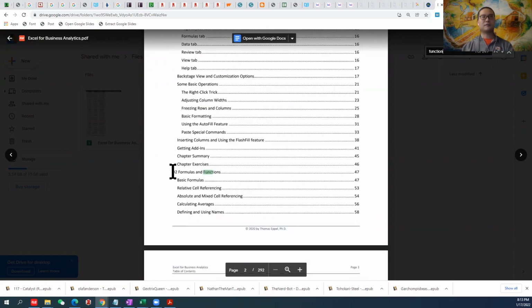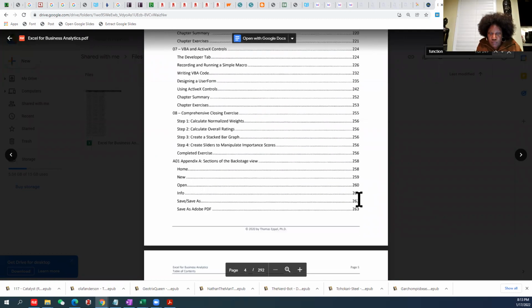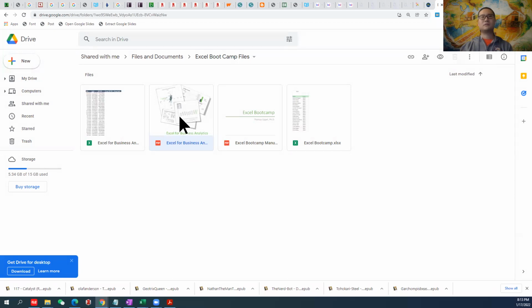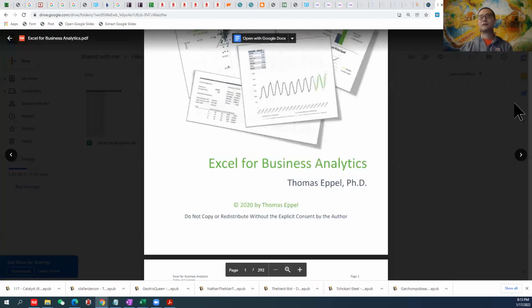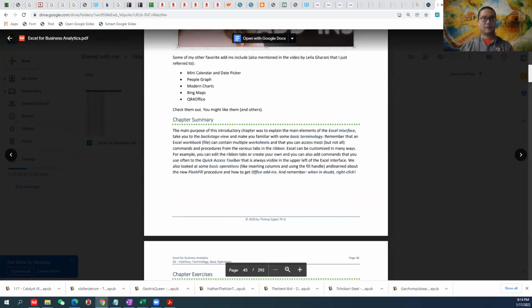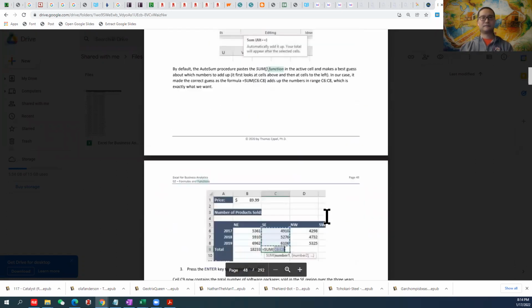For example, you could go to this second section about formulas and functions and understand what functions and formulas mean in Excel. Then you can go to, for example, page 47. Then you can see all the content, how we can use Excel functions.